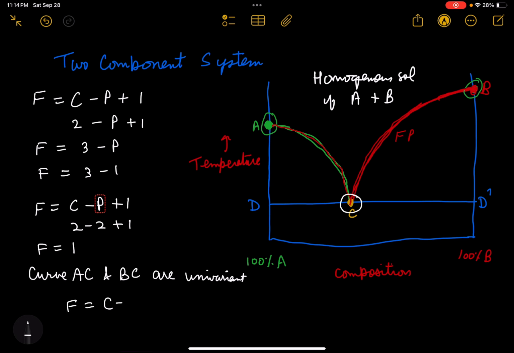If we apply the reduced phase rule, since there are 3 phases present and the number of components is 2, we get F is equal to 0, invariant.